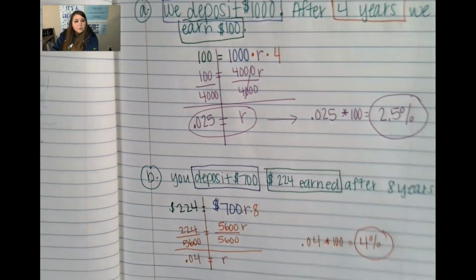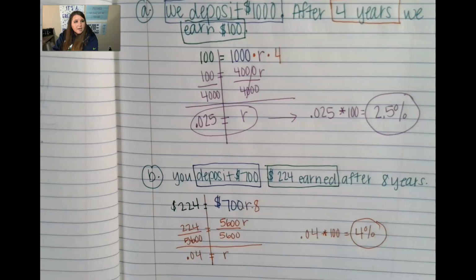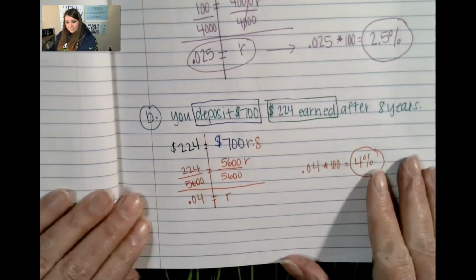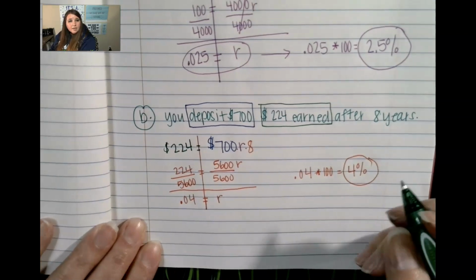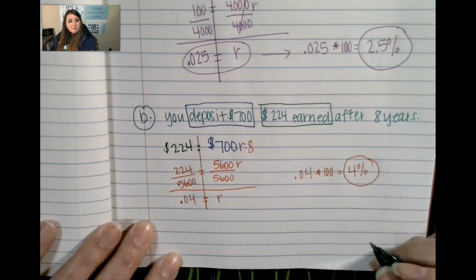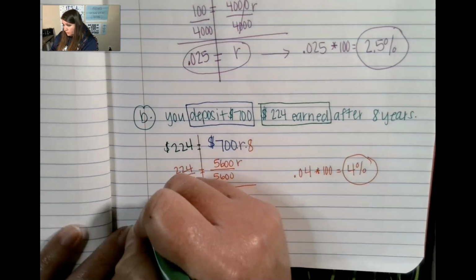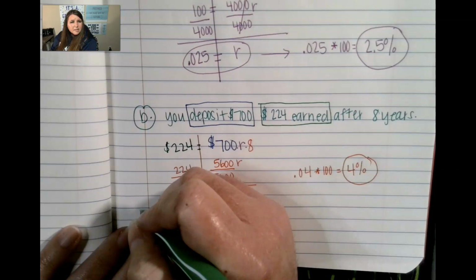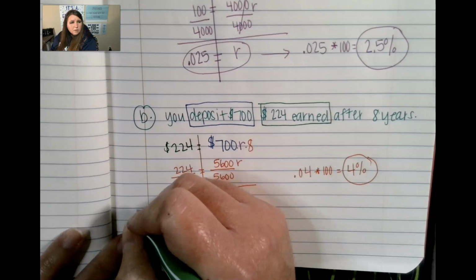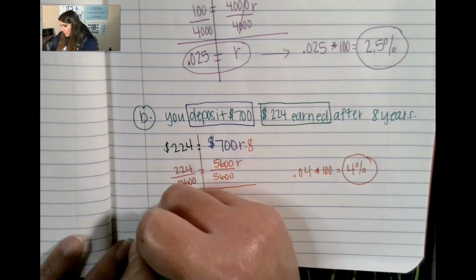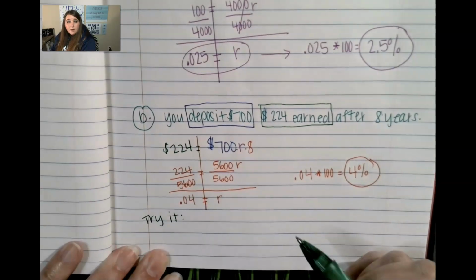All right, it is your turn now for the try it. Your try it is depositing $350 in an account. The account earns $17.50 in 2.5 years. I was hoping to keep things without decimals, but that's okay.